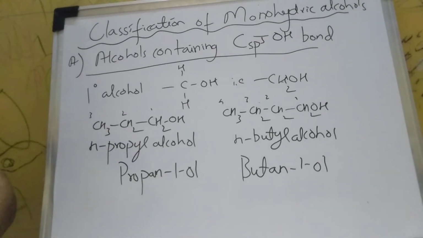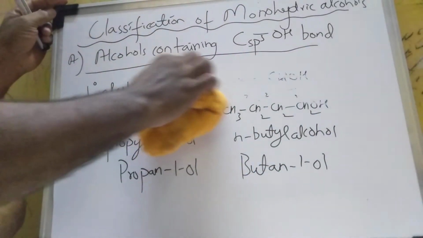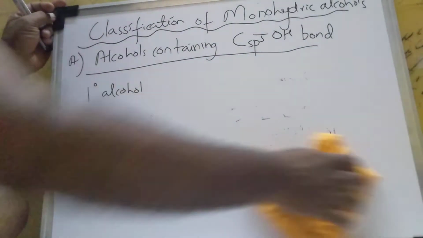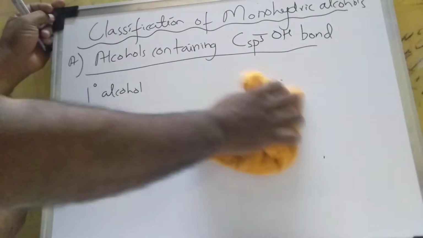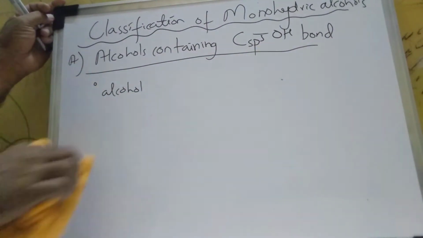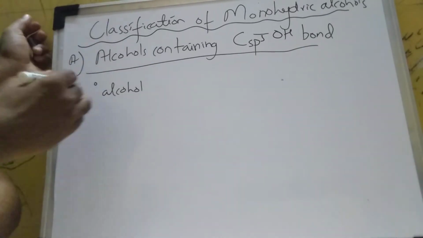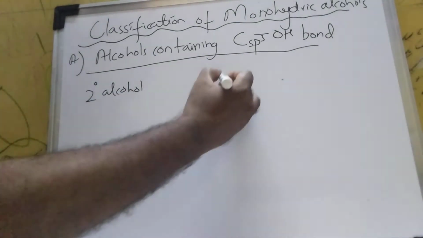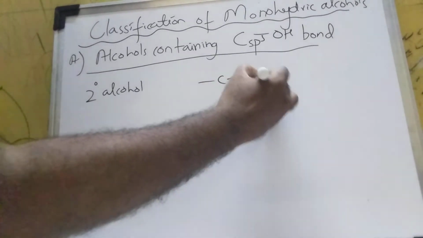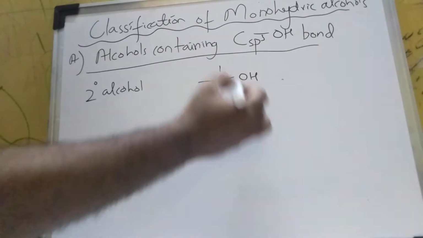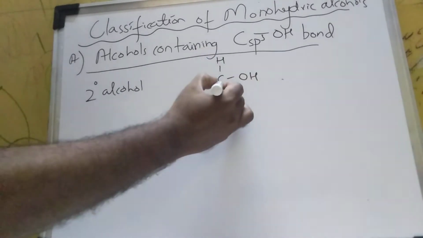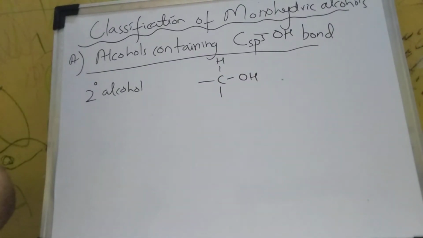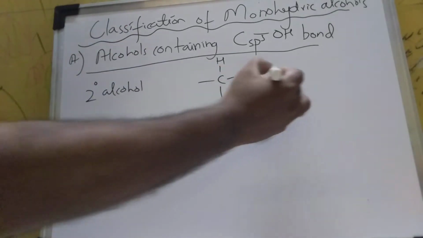primary alcohol. Next, we'll go for the examples of secondary alcohol. Secondary alcohol. The functional group includes COH. It is attached to one hydrogen and the 2 valencies vacant, which are in turn attached to 2 carbon atoms.